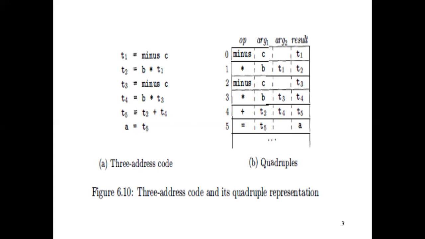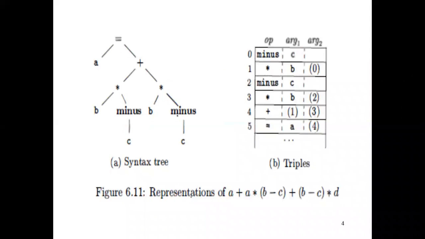So here you can see T1 is equal to minus C, and T2 is equal to B star T1.